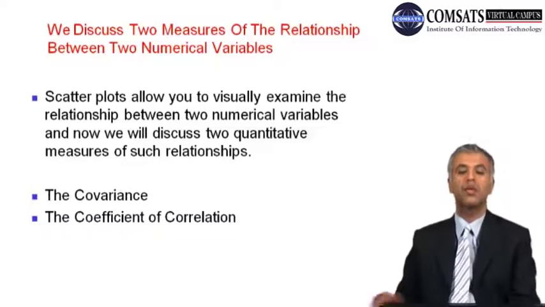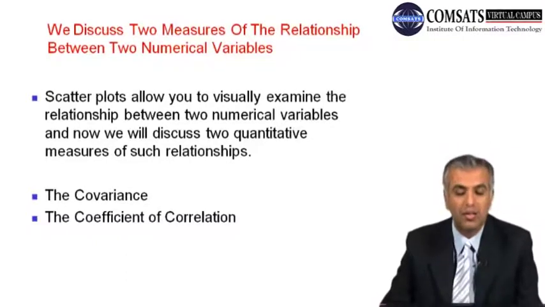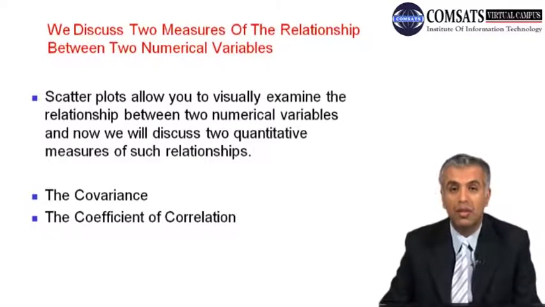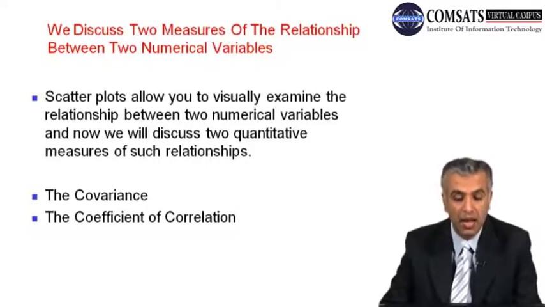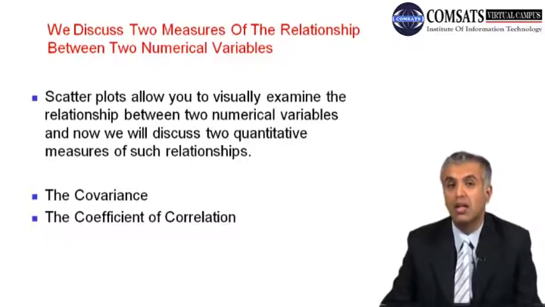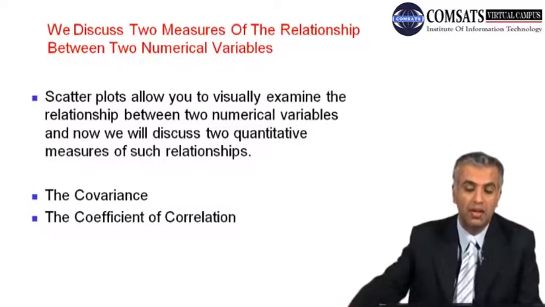Going to the concept, we discussed that scatter plotting is the relationship of 2 numerical variables, and the quantitative measures of such a relationship are termed covariance and coefficient of correlation. But before going to that, let's have a detailed look at how and what kind of scatter plotting can be done in SPSS.